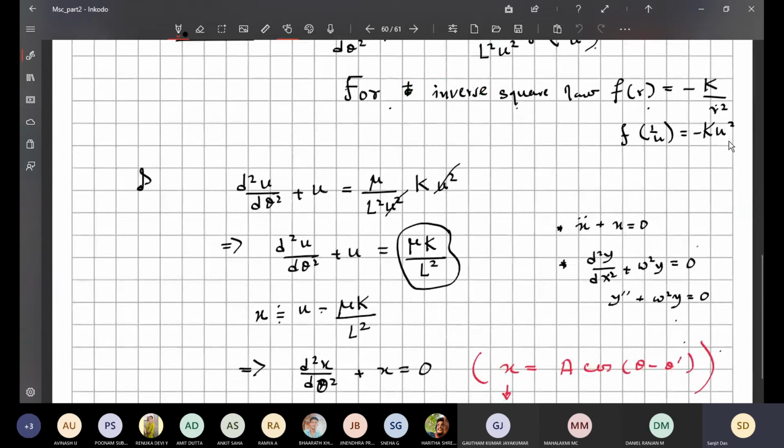This is capital K u square, that is okay. This formula, that is also okay. Can any one of you quickly check that this is matching with 1 by length? What is the dimension of the right hand side object? Can anybody quickly check it?